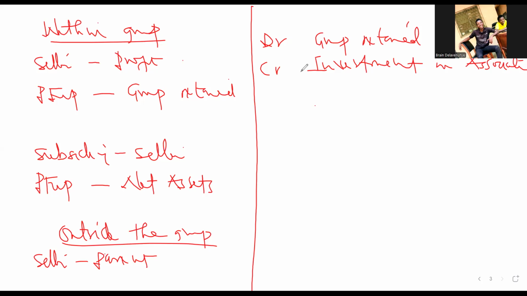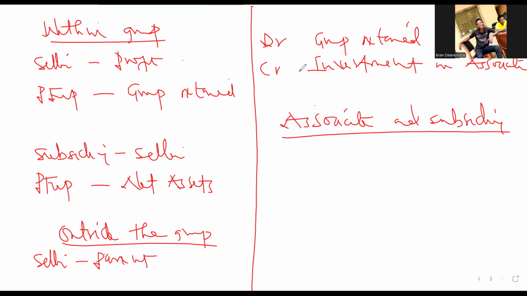Now let's assume the transaction is between the associate and the subsidiary. It is accounted for as if it is the parent, except that the share of the unrealized profit will go to the net assets. So we debit the net assets of the subsidiary, accounted for as if the parent is selling through the subsidiary to the associate.